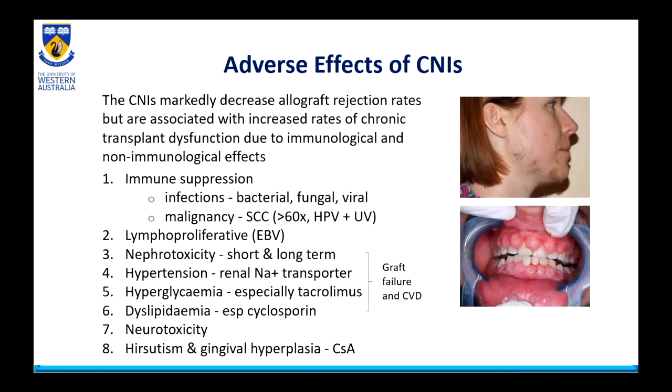And gingival hyperplasia, you can clearly see here that the gums are hyperplastic and they're very much swollen and overgrown. These are nasty, and it's the cyclosporin that mainly does these last two. So you can see why tacrolimus is generally considered the calcineurin inhibitor of choice.